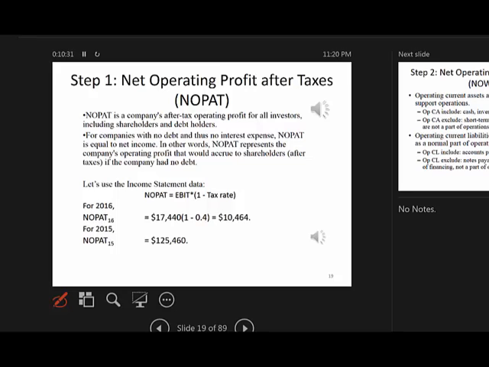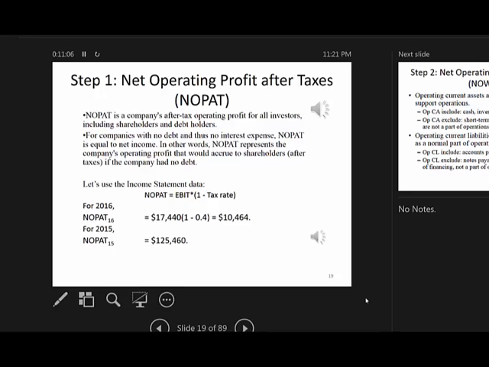Let's use the income statement data to calculate the NOPAT. The formula is NOPAT equals EBIT, which is earnings before interest and tax, multiplied by 1 minus the tax rate. For 2016, EBIT is 17,440. That number you can find from the income statement. So 17,440 multiplied by 1 minus 40%.